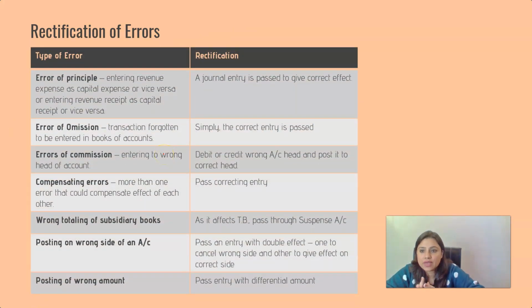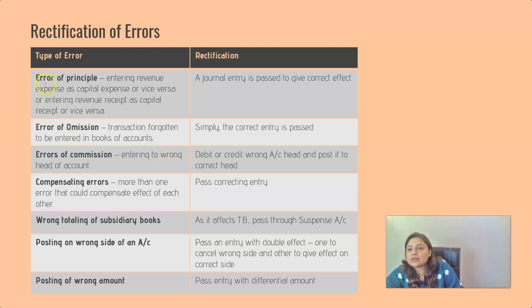What are the types of errors while we are rectifying? It is important to identify the type of error, as it will help us understand how that particular error should be corrected and rectified in the books of accounts.